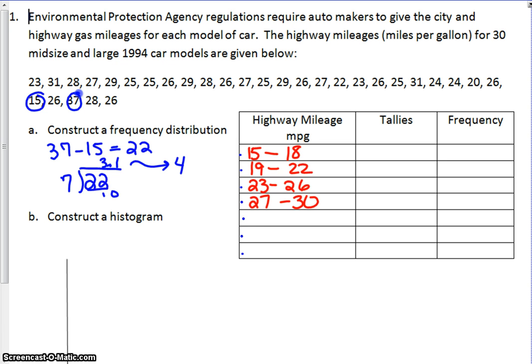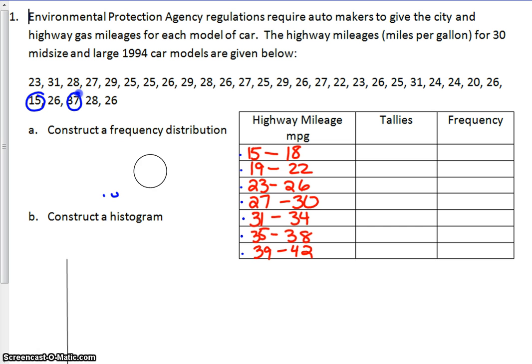So each time, yes, I am adding 3 because it is representing 4 numbers. 31 to 34, 35 to 38, and then finally 39 to 42. And you're actually going to find there are no values here, but we need to have those all represented.